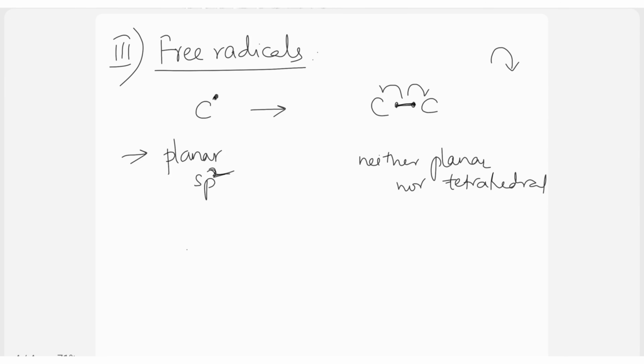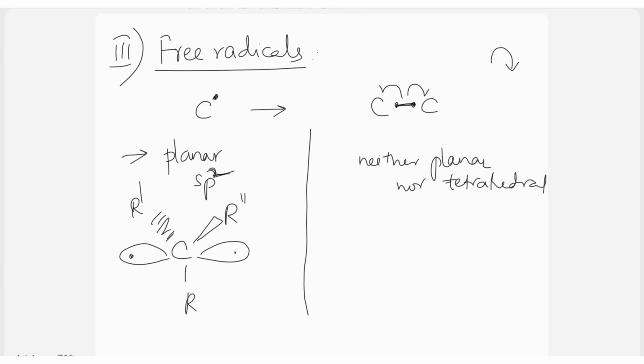So the planar form is going to be this way with R, R', R'', three different alkyl groups, and there's an orbital with an odd electron.